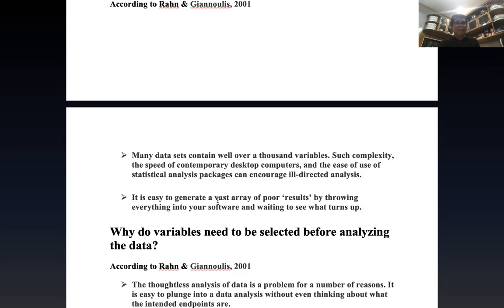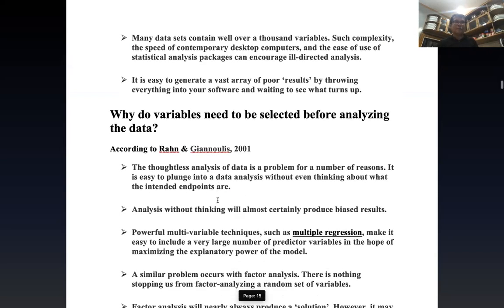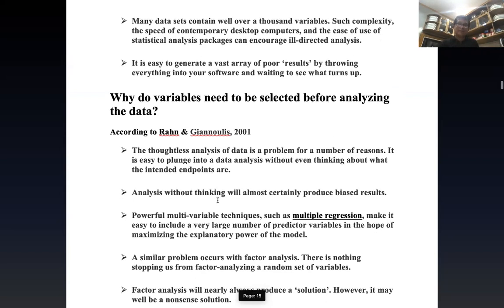So why do variables need to be selected before analyzing the data? According to Rahn and Giannoli, way back in 2001, the thoughtless analysis of data is a problem for a number of reasons. It is easy to get into a data analysis without even thinking about what the intended endpoints are.